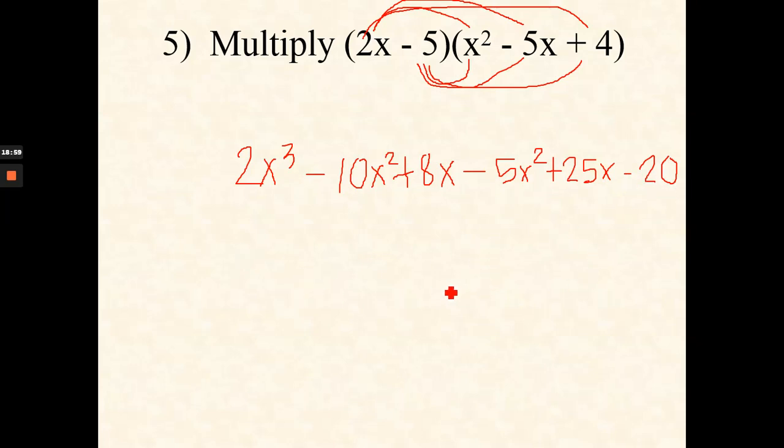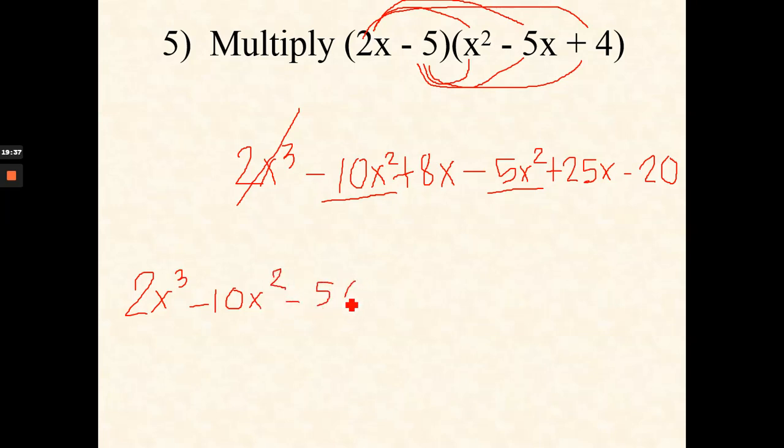Let us try to combine similar terms. So the exponent of x here is 3, 2, 1, 2, 1. Okay, so there's no term similar to this one, so you're just going to copy 2x cubed. It would be better for you to cross it out so that you know that you already copied that one. The next one, negative 10x squared and then negative 5x squared. They are similar, so you're just going to write these terms beside each other.